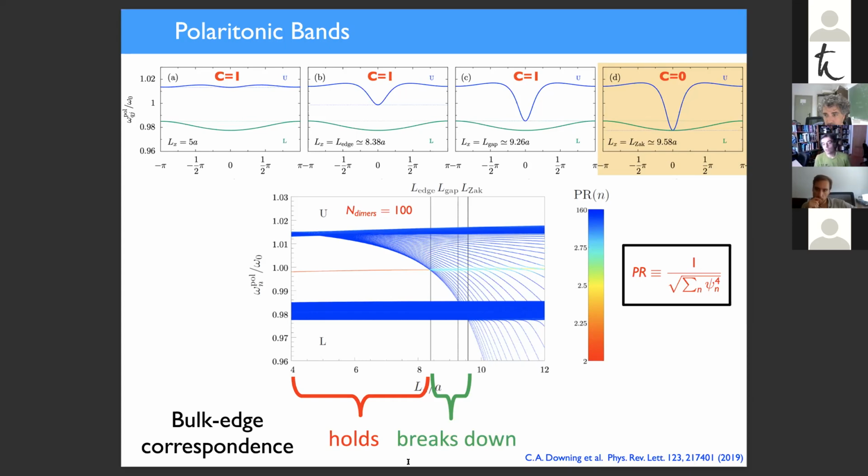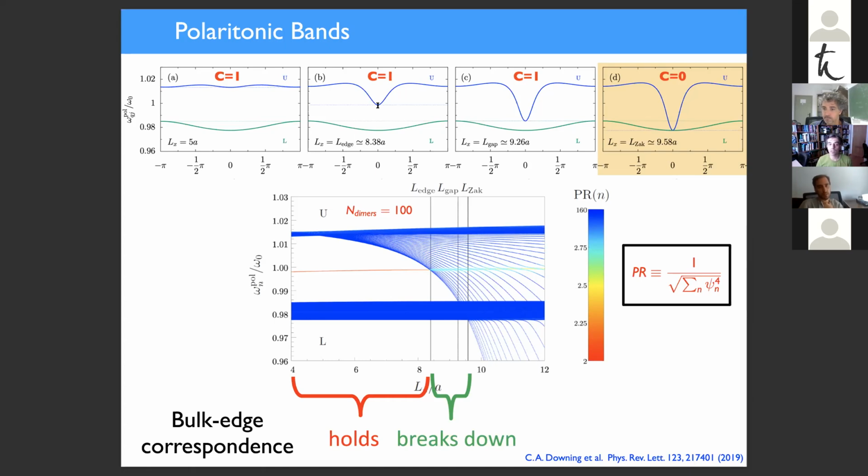Well, it's clear that in the finite system you are right. There's some mixing of this localized mode, some hybridization of the localized mode with some extended mode. But this is in the finite system. The bulk edge correspondence, if I understand properly, relates what happens in a finite system with what happens in an infinite system. And in the infinite system here, there is no band closing, nothing.